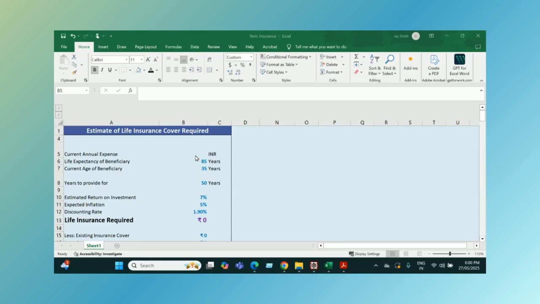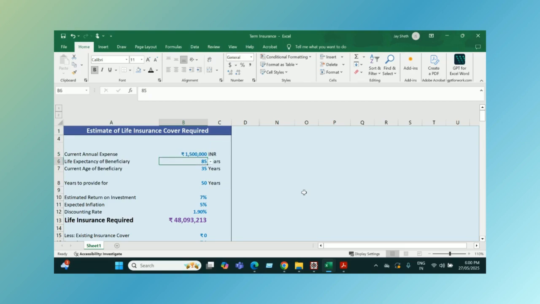So the major assumption over here is going to be the annual expense for the entire family. So let's say this family has an annual expenditure of 15 lakhs, and in case of an early demise of the only breadwinner, this is the expense that the family should be able to sustain for the remaining life.